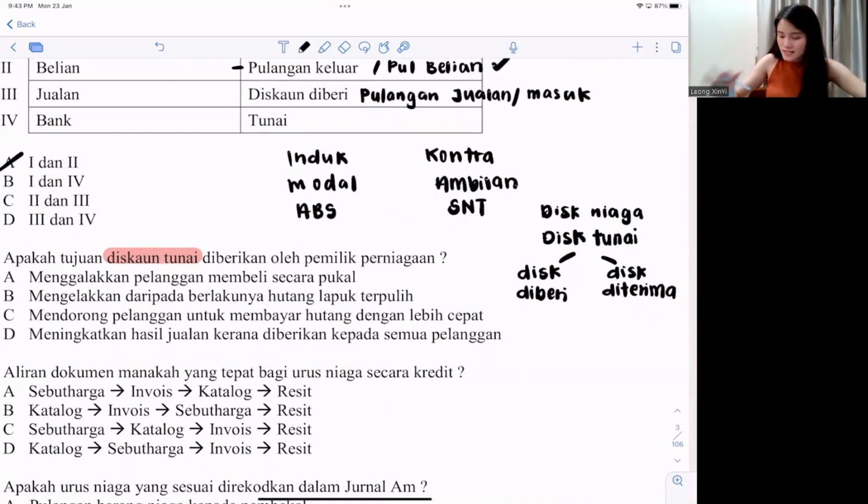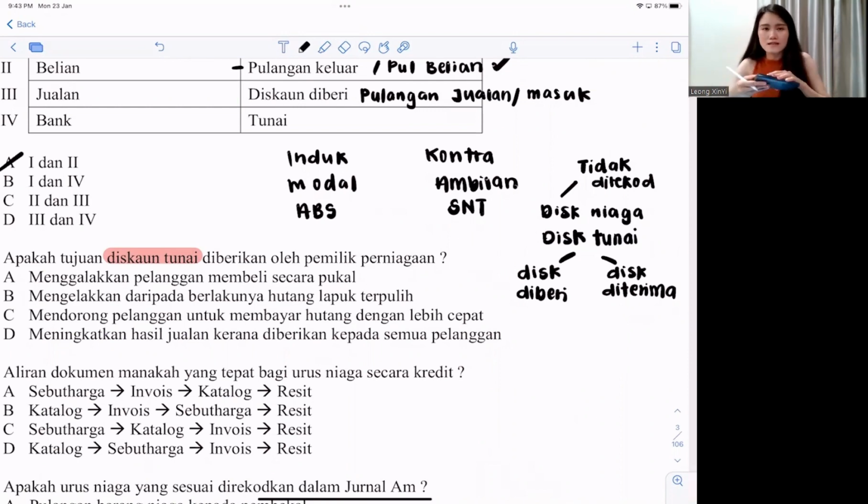It's called the discount niaga and the discount tunai. Okay? But actually, discount niaga tidak direkod. So you don't actually need to record it because why? This discount niaga is to be deducted from the price of our item. So it means that this person wouldn't even owe you that amount. Straight away I deduct. For example, I say this calculator I want to sell you for 5 ringgit.